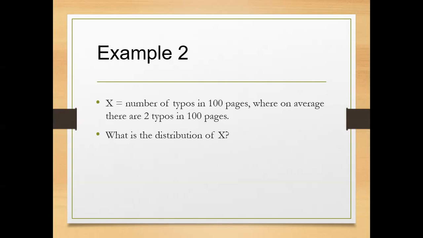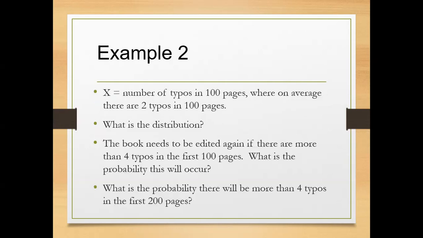So let's think about that for a minute. The book needs to be edited again if there are more than 4 typos in the first 100 pages. So x is going to be the number of typos, which is going to have the Poisson distribution with lambda equal to 2.